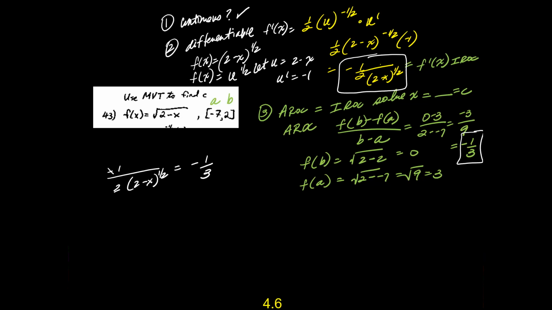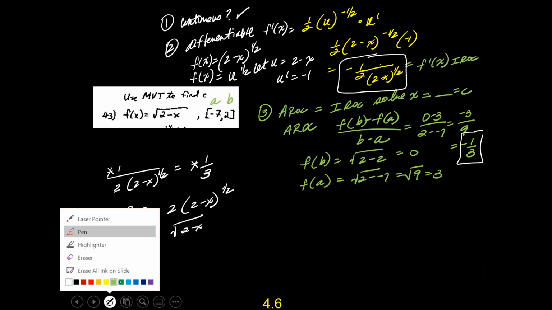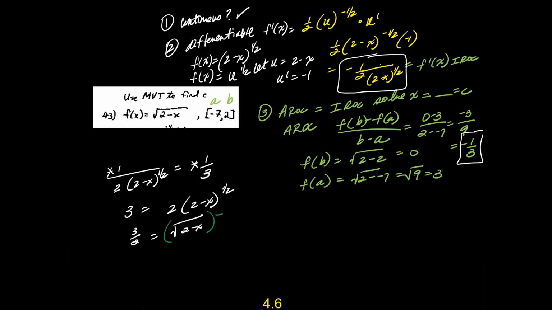Well, first thing I notice is I can just cancel out the negatives on both sides because now both of them are positive. And then if I cross multiply, I have a 3 equals 2 times 2 minus x to the 1/2. Divide a 3 over, I have a 3 over 2 equals the square root of 2 minus x. Now, in order for you to get rid of the square root, I would have to square both sides.